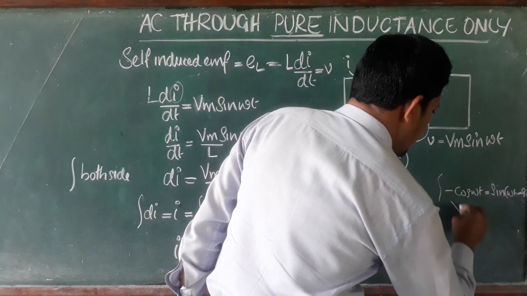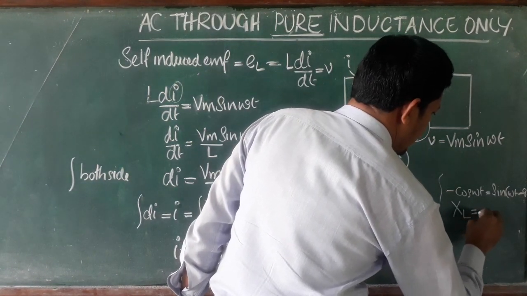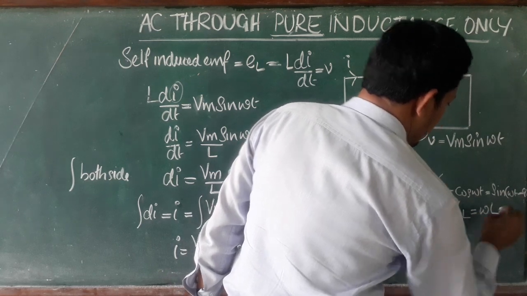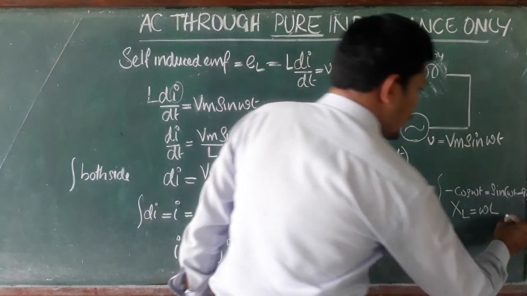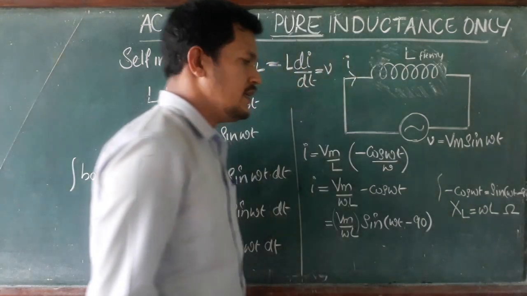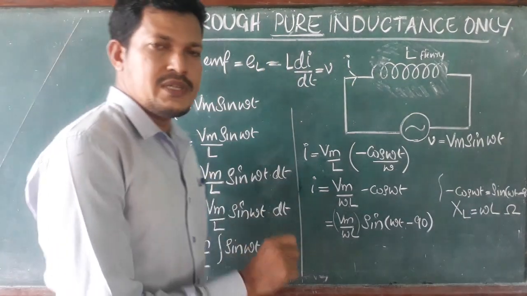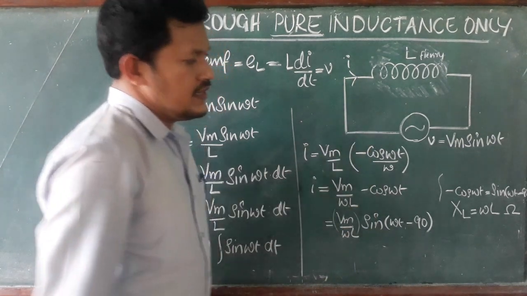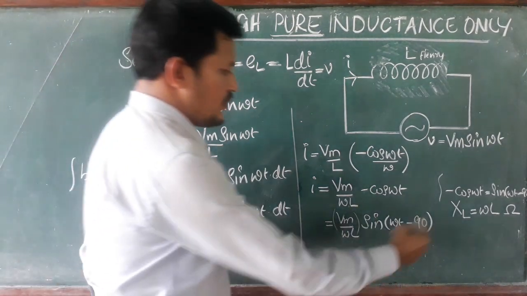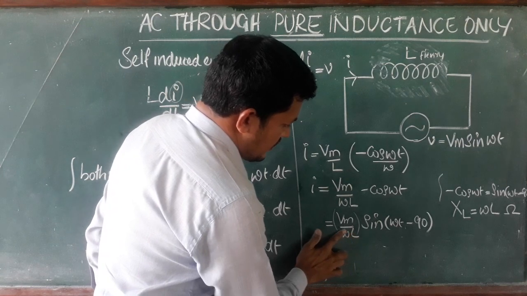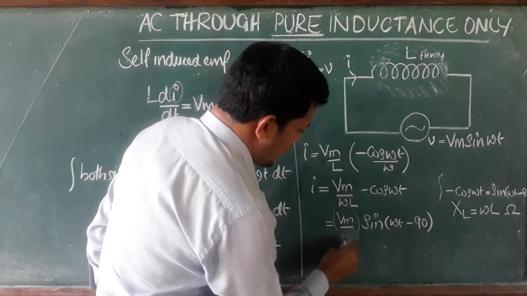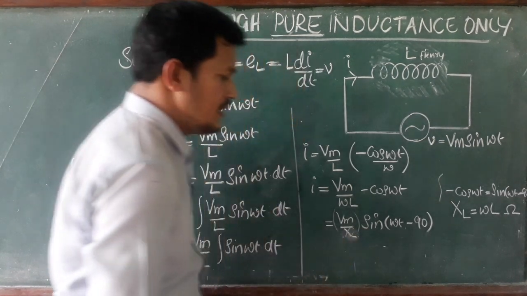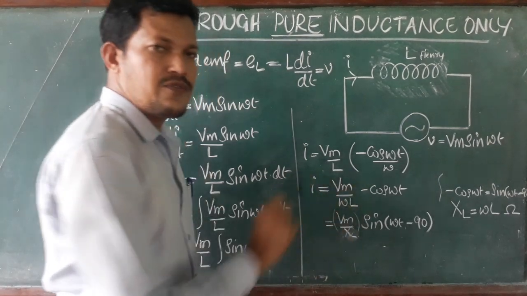So we already denoted XL equals omega L, measured in ohms. So instead of omega L I am replacing XL. Clear? This is the opposition offered to the flow of current.